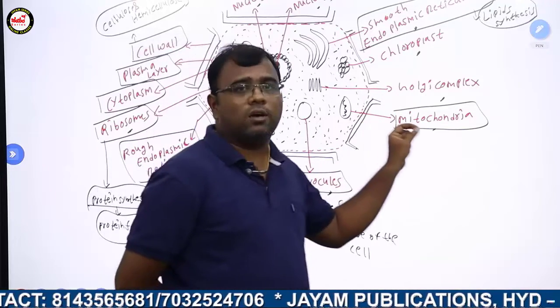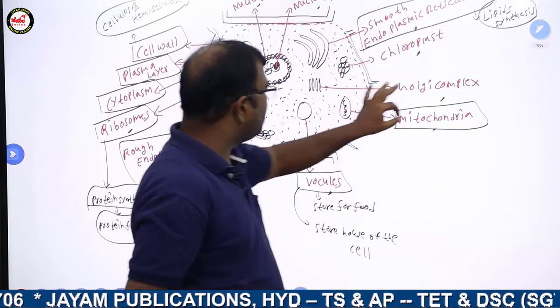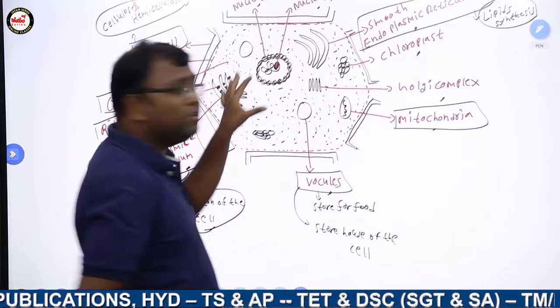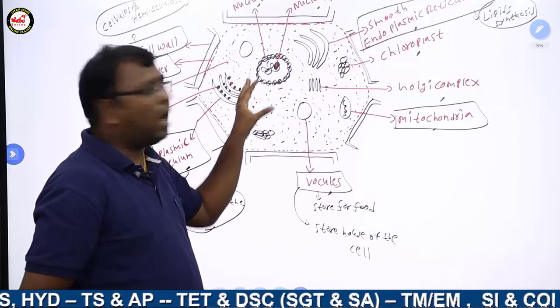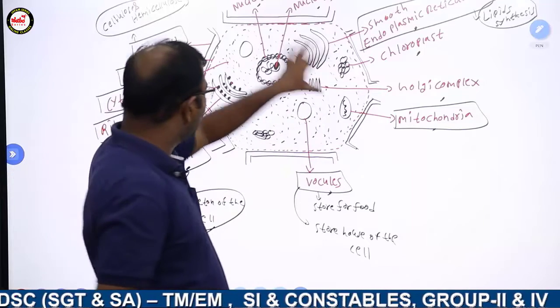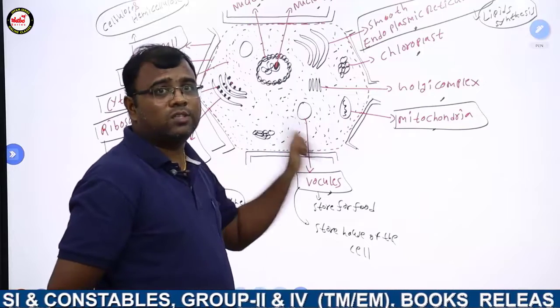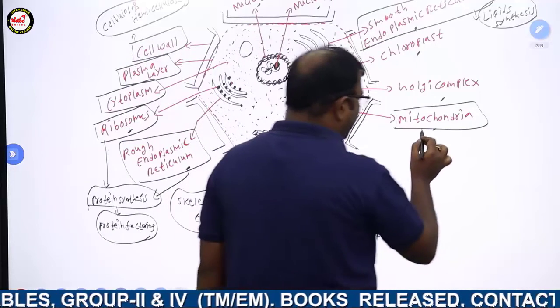The mitochondria gives energy to all parts of the plant cell. That is also called the powerhouse of the cell.